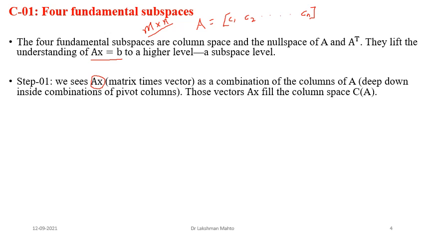Like if you take two vectors, 1 0 and 0 1, and I'm saying find all possible linear combinations of these, that means alpha times 1 0 plus beta times 0 1, where alpha and beta can take any real value.